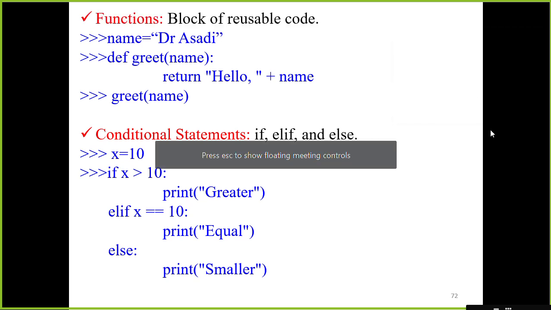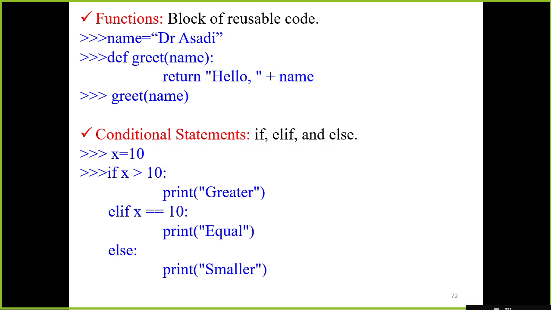Functions. A function is a set of rules to perform a specific task. Functions are blocks of code that we can reuse again in the same classes. Now I am declaring name as a variable equal to Dr. Asadi.